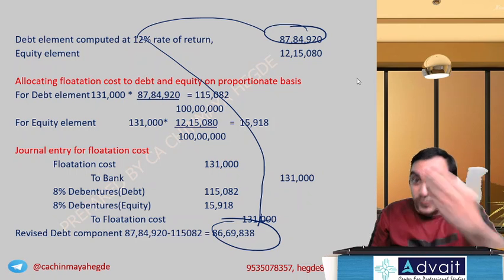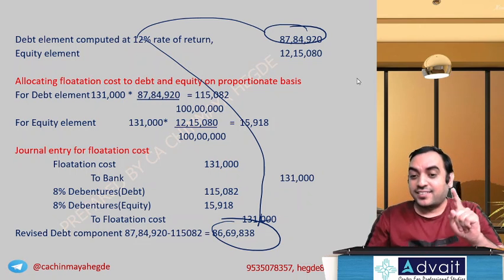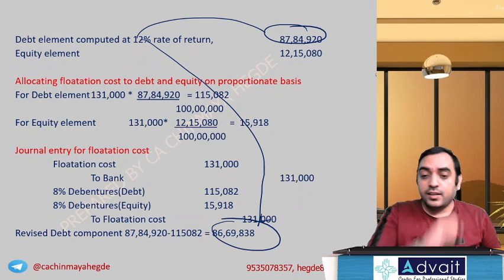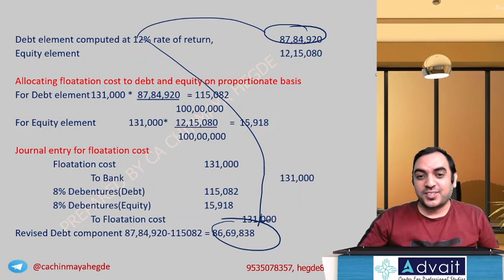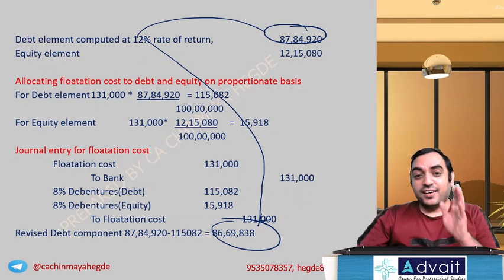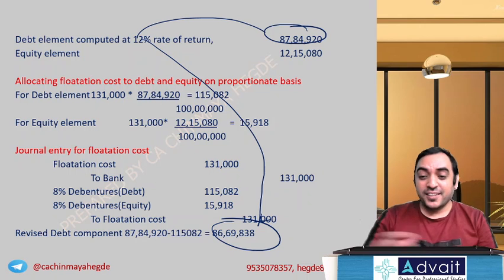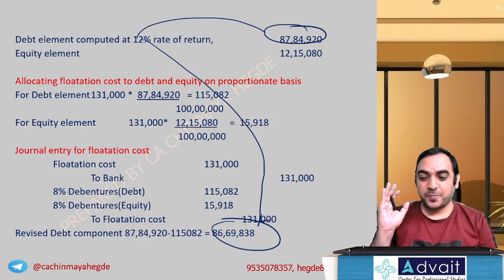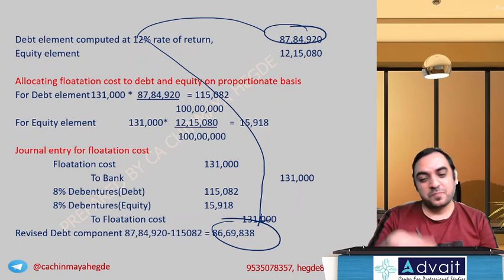But there is one mathematical problem that is going to happen when you apply it on the revised amount. We will discuss after the break. So take a break of 10 minutes, then we'll discuss.